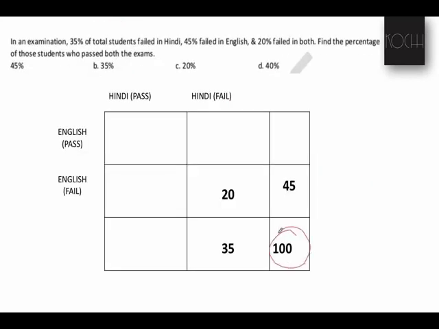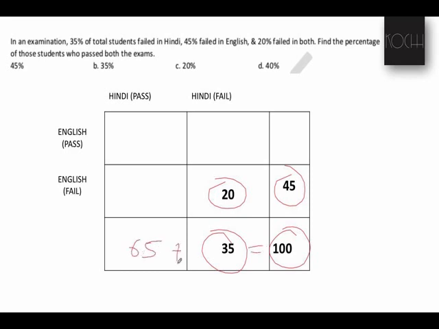This is out of 100. English fail is 45%. Hindi fail is 35%. Failed in both is 20%. Now we can add the grid vertically and horizontally. Now what plus 35 is 100? This is 65 plus 35 is 100.